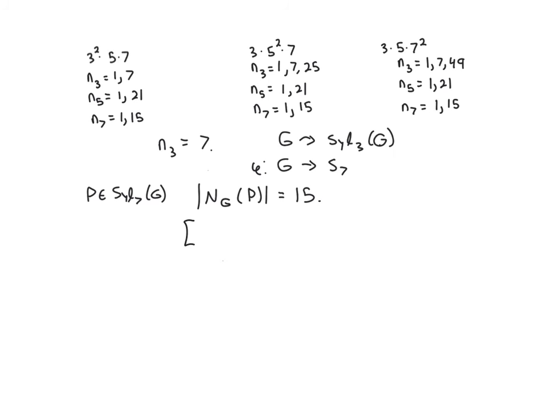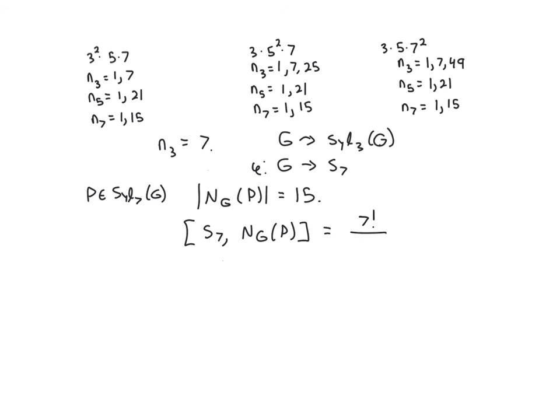Now let's look at the index in S7 of this normalizer. That's counting the number of Sylow 7 subgroups in S7. That's why I'm picking 7, by the way. I'm not looking at 3 because then you're looking at groups of order 9 in S7, and that's a lot harder to calculate. 7 is easy because it's a cycle generated by a 7 cycle in S7, so that's just looking at 7 factorial.